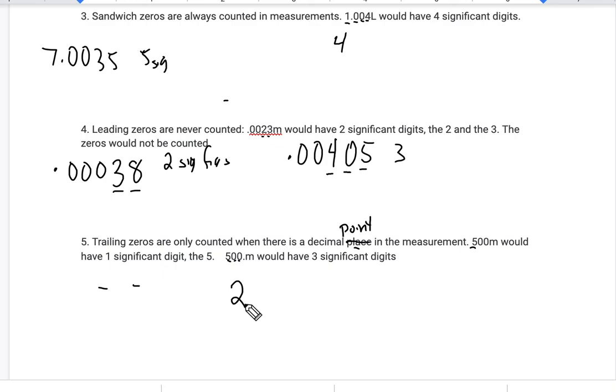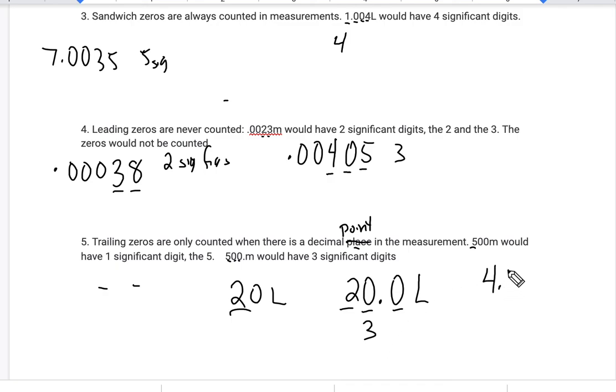So if you had some number like 20 liters, that would have one significant digit. But if you had 20.0 liters, that's going to have 1, 2, 3, because trailing zeros are only counted when there is a decimal point in the measurement. And if there's a decimal point, you have to count all the trailing zeros. So that has 3 significant digits.